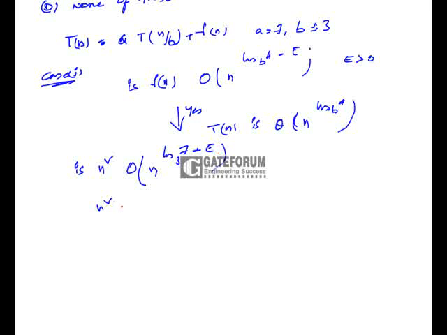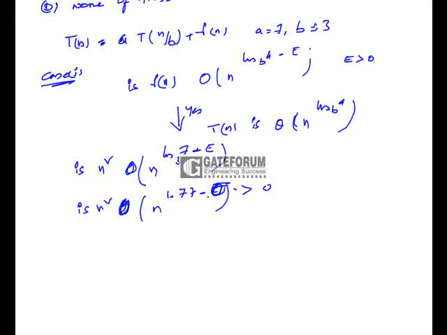So is n square order of n power log 7 to the base 3, which is 1.77, minus epsilon?